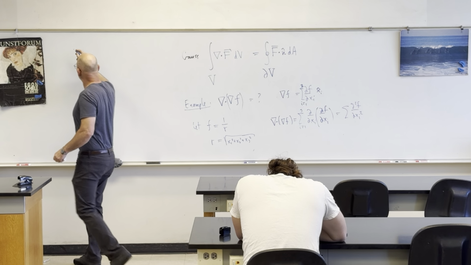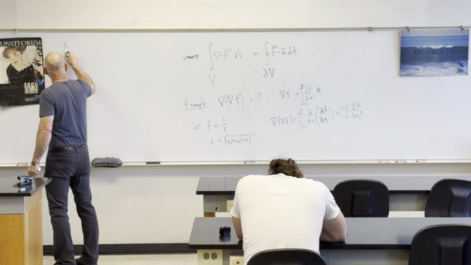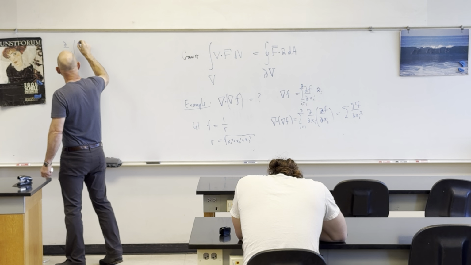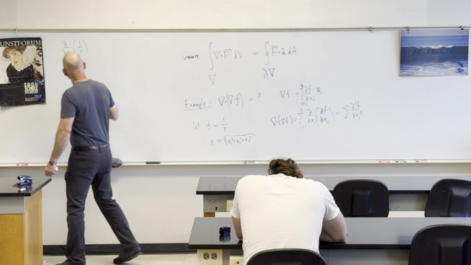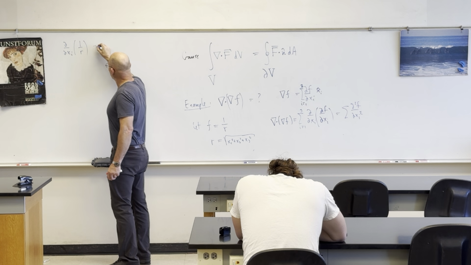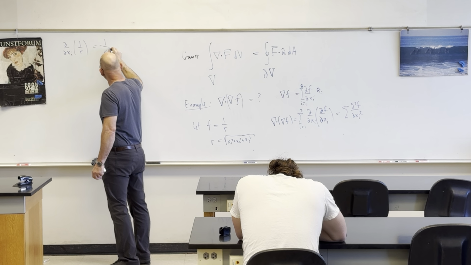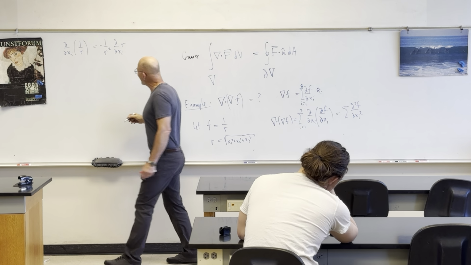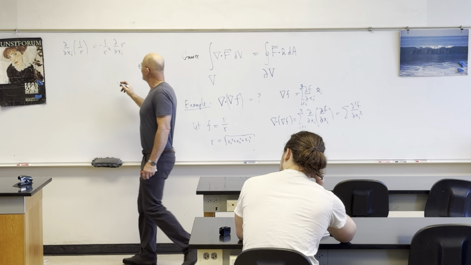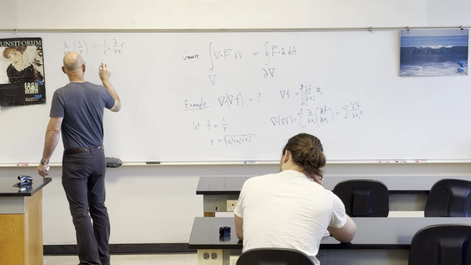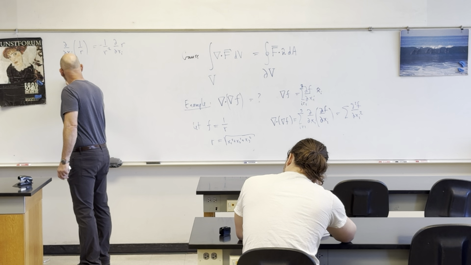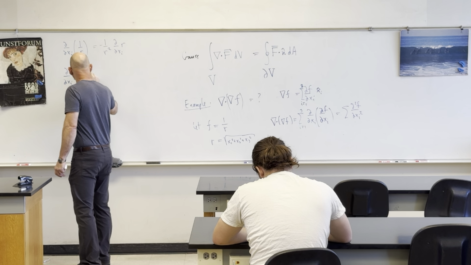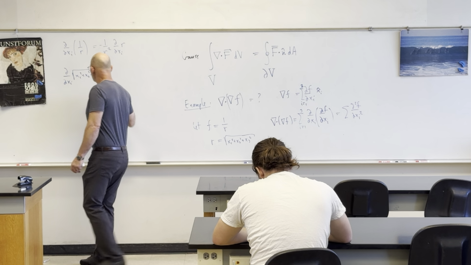So here we have d over dx_i of 1 over r. That's the one we want to get first. So what we have is minus 1 over r squared d dx_i of the magnitude r. And let's just run through this. We did this yesterday, but not everybody. d dx_i of the square root of x1 squared plus x2 squared plus x3 squared.